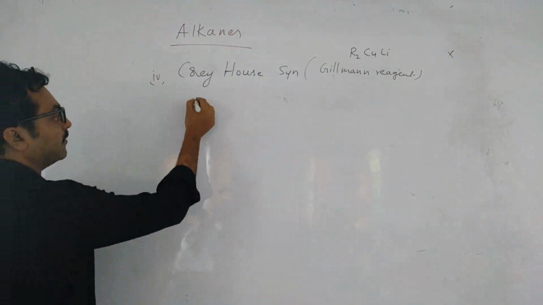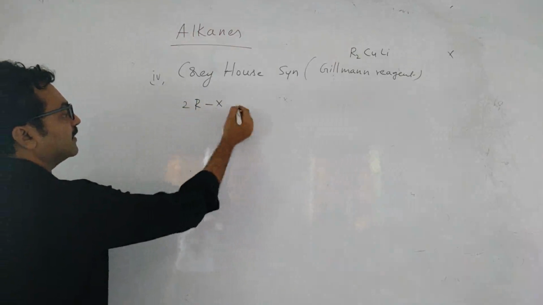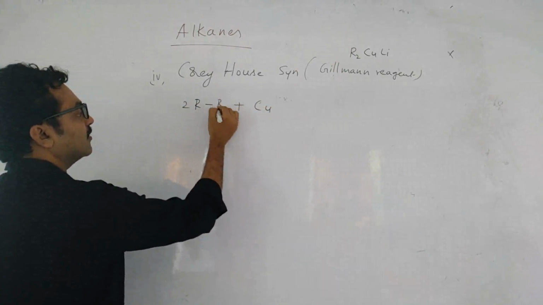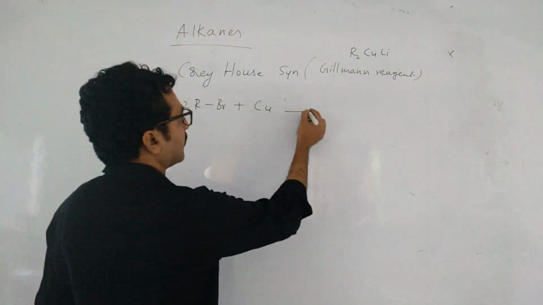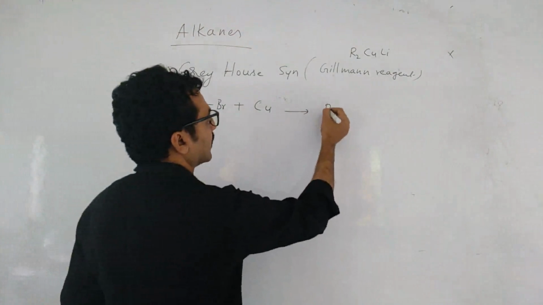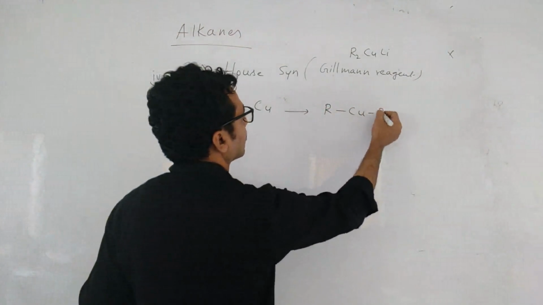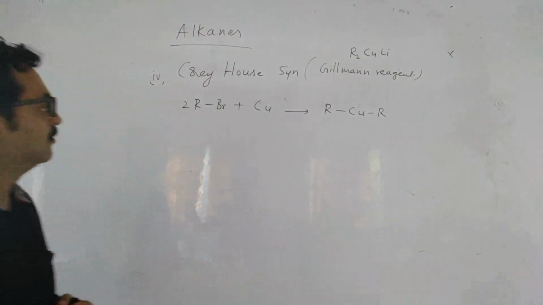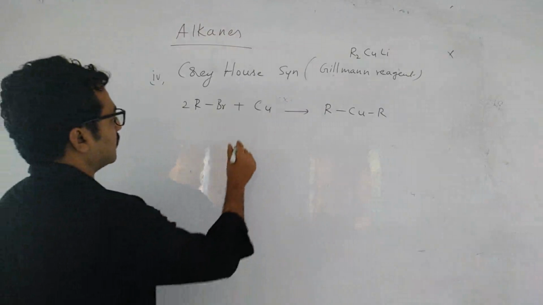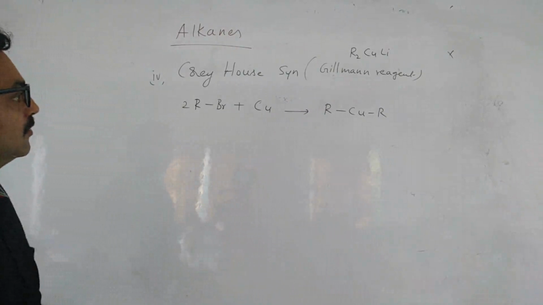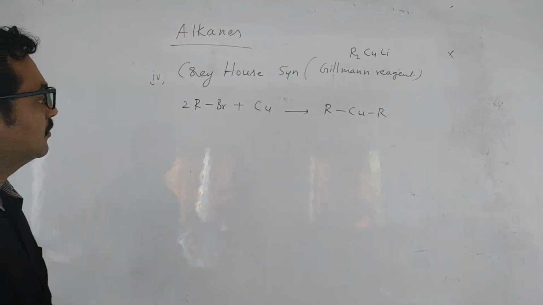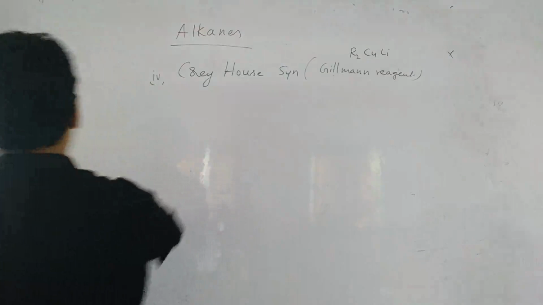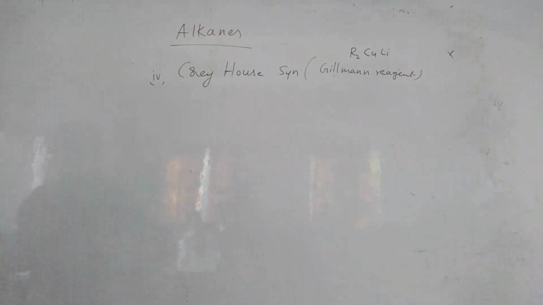It is prepared when alkyl halide is treated with copper. Alkyl halide, anything you can take. Whenever it is treated with copper metal, you will get RCuR. This is Gilman, lithium copper. So dialkyl lithium cuprate, I told you.